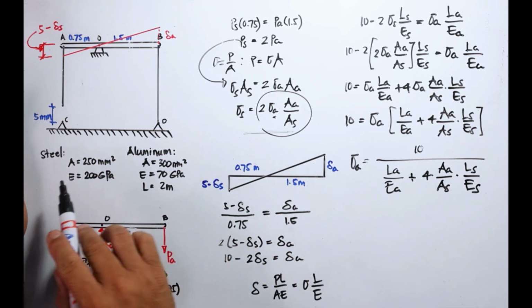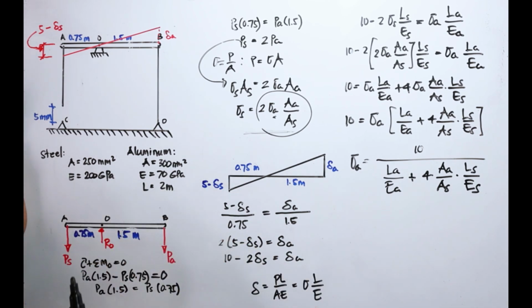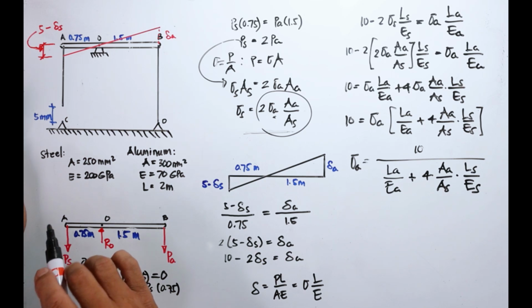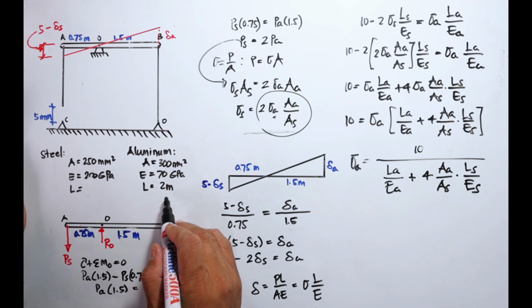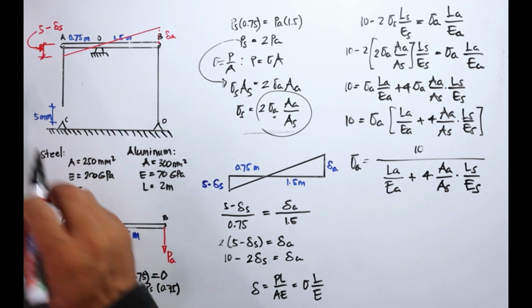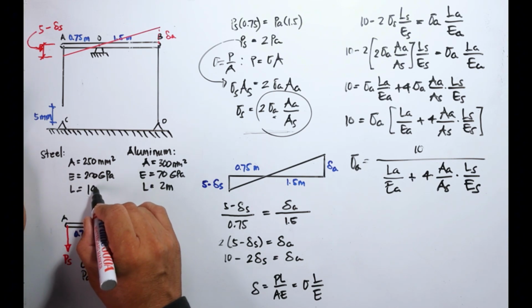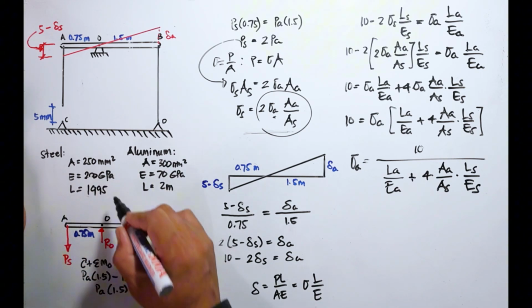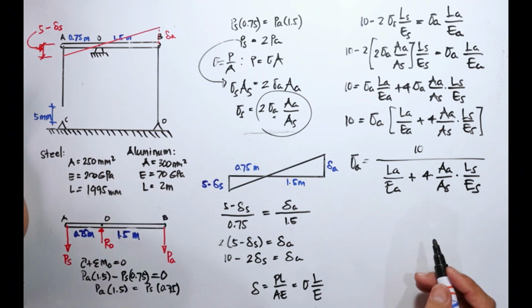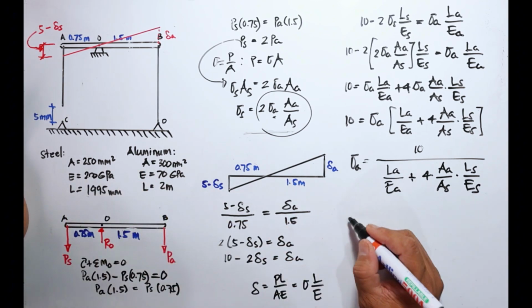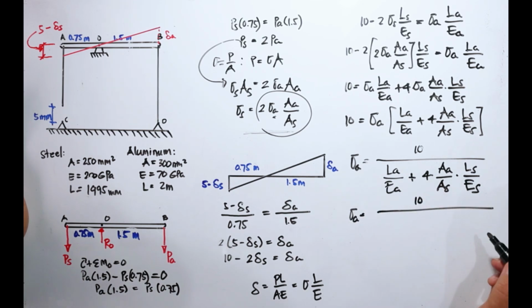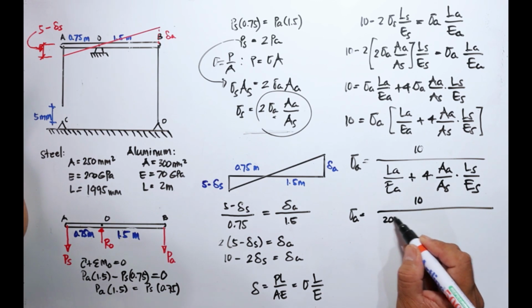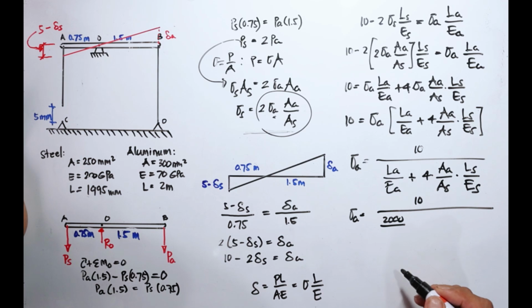Now these values are here, except for the length of the steel rod. The length of the steel rod is just 2 meters or 2,000 millimeters minus 5, and that is 1,995 millimeter. Okay, so let's substitute all these values here. We have stress in aluminum is 10 divided by length of the aluminum, which is 2 meters or 2,000 millimeters.